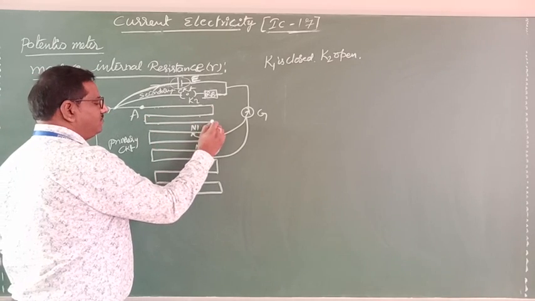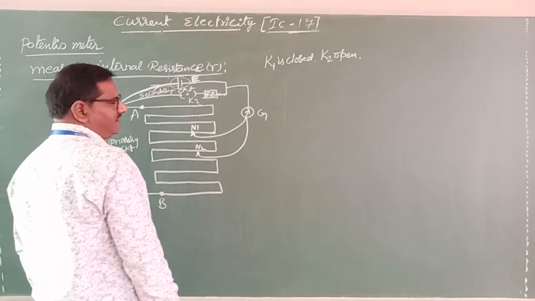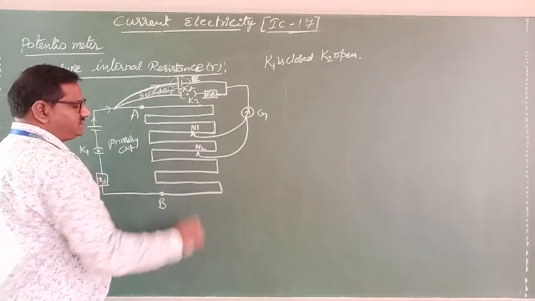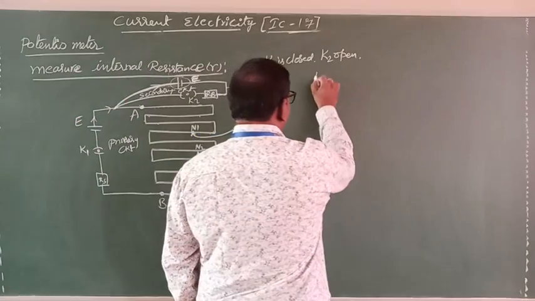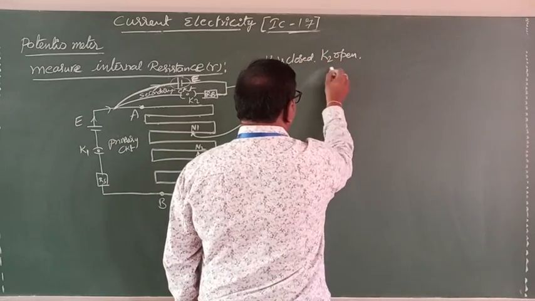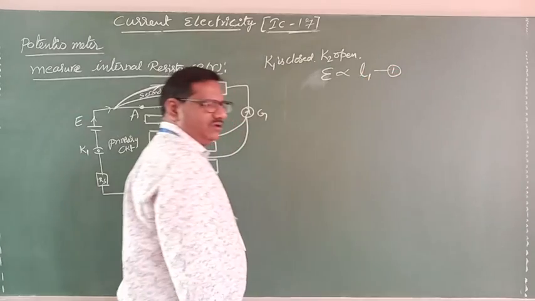When it comes to a particular length, the galvanometer shows zero deflection. Then the potential drop across these two points A and the jockey point, that is only the principle. Then it will be E, or simply we write E proportional to L1. Equation number 1.